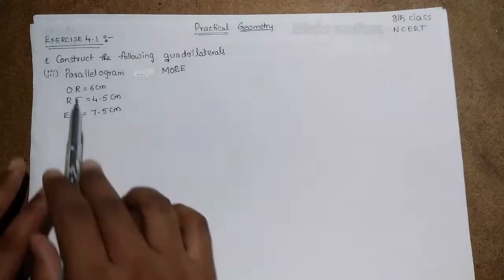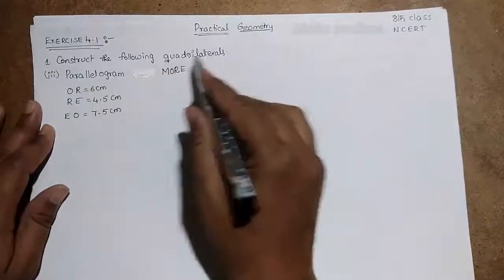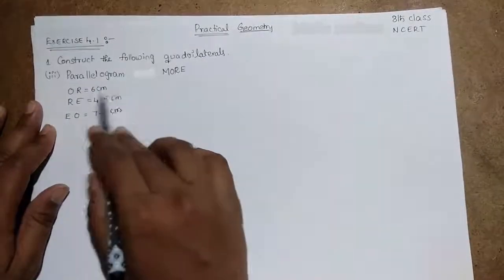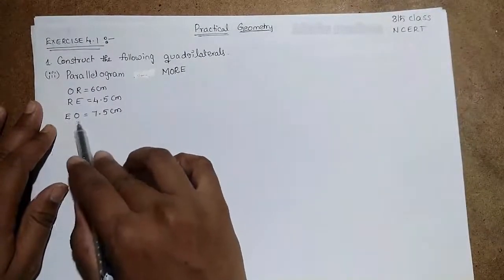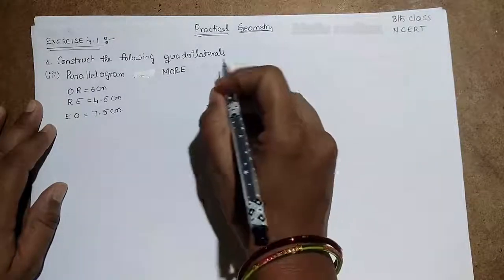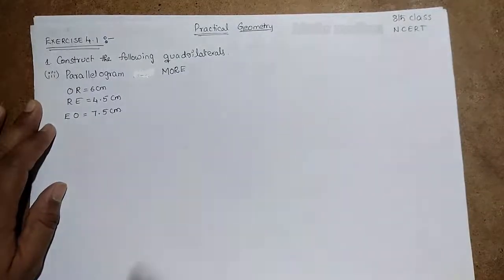Let's see how they are given, and we have to construct a rough sketch for the given question. Then we will move into the step-by-step procedure of how to construct a parallelogram, and we will get the answer easily. Let's make a rough sketch here. Let's make a base for the quadrilateral.